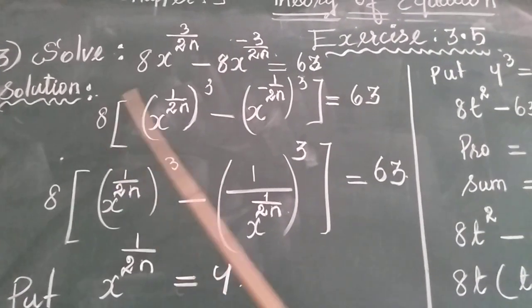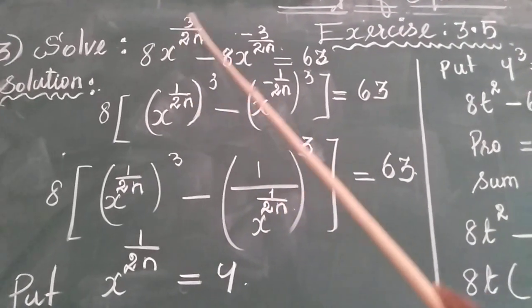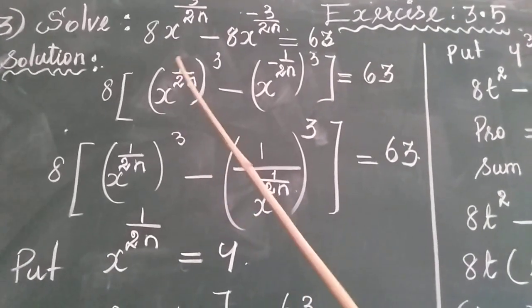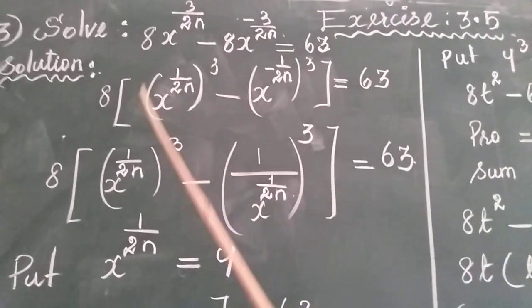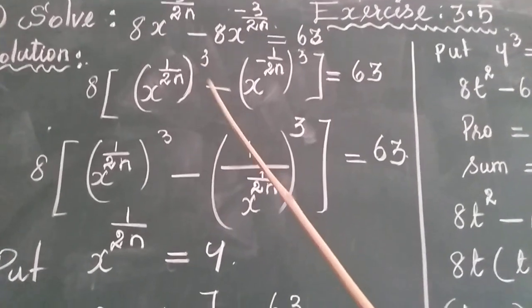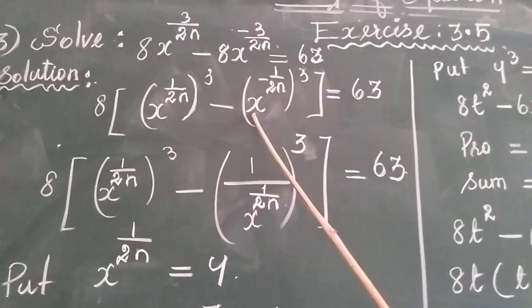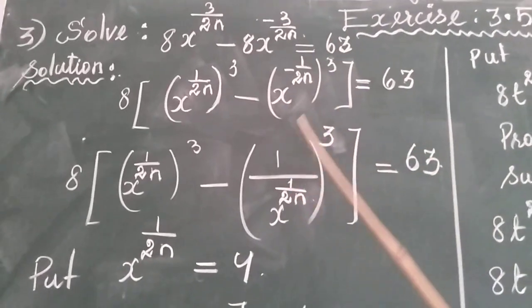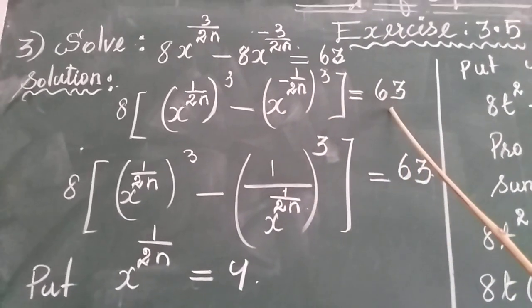8, and also x^(3/2n) we can write in this form, (x^(1/2n)) the whole cube minus (x^(-1/2n)) the whole cube, that is equal to 63.